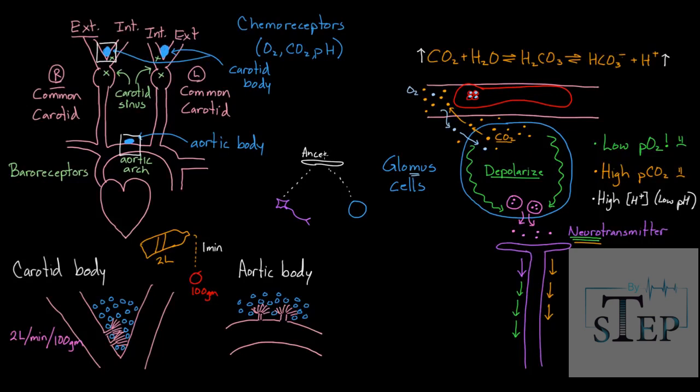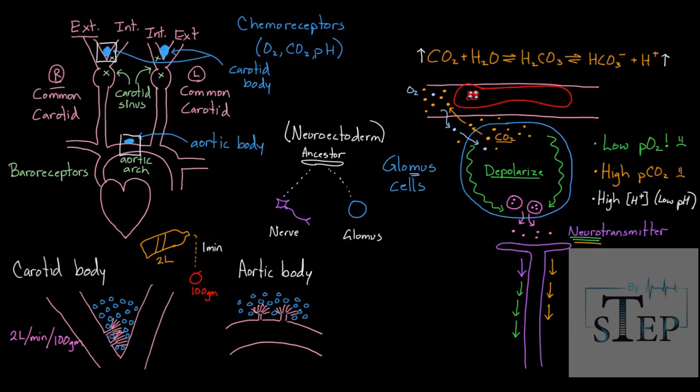And so in development, when the fetus is developing, there is a type of tissue called the neuroectoderm. And both of these cells, this nerve cell and this glomus cell, both are derived from this neuroectoderm. So it makes sense that they would have a lot of common features.